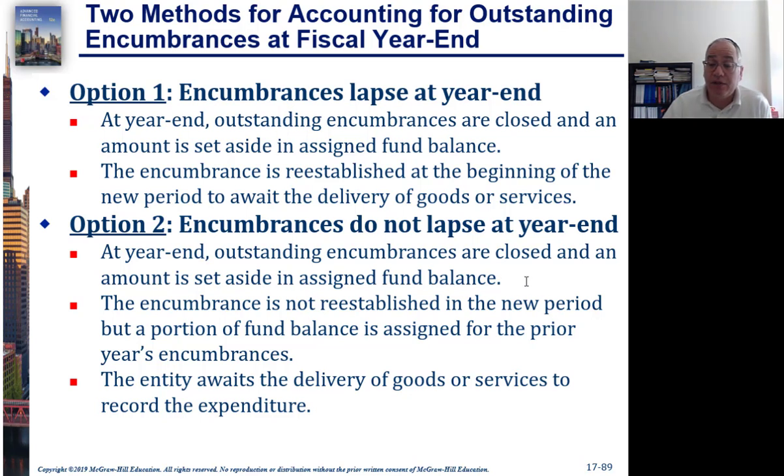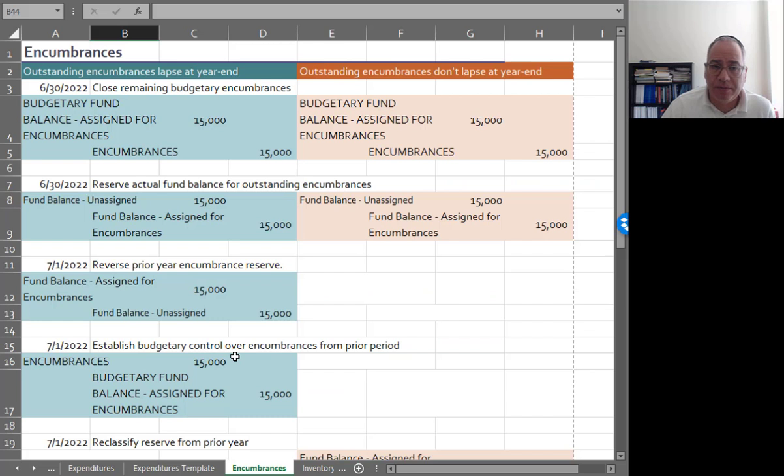You would close your encumbrances to assigned fund balance, but next year you're not going to set up a new encumbrance. Rather, whenever you receive the goods, you'll just receive the goods. Under option two, you would have this fund balance assigned, which needs to be adjusted at the end of the year. Let me show you how this is going to work in a practical example.